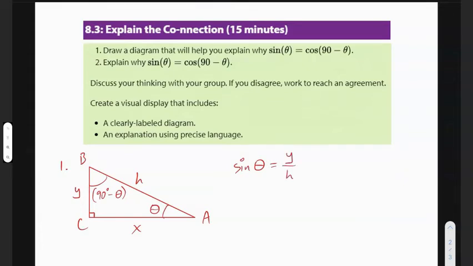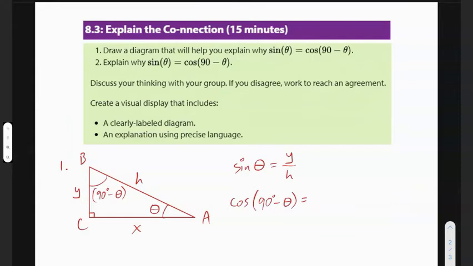Great. Now they're saying cosine of 90 minus theta. Well, cosine of 90 degrees minus theta, cosine is adjacent over hypotenuse.